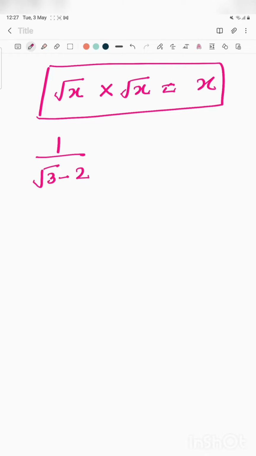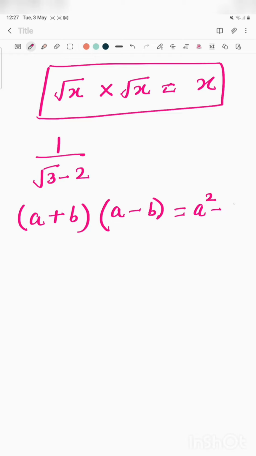Now before rationalizing the denominator of this number, I like to remind you of an identity which we did in one of the previous classes. a plus b into a minus b is equal to a square minus b square. We'll make use of this identity here.